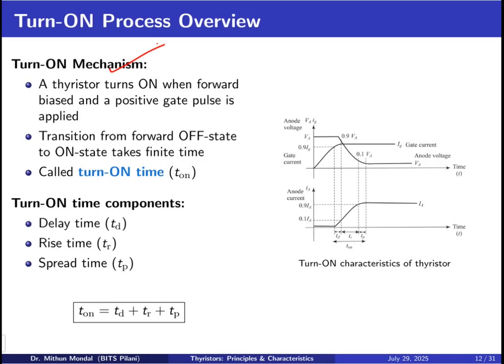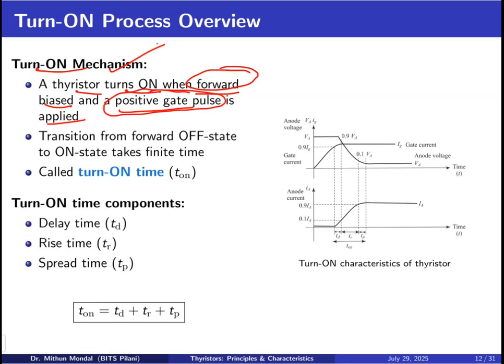So we saw that it is the gate signal that is going to turn on the thyristor. So what is basically this turn-on mechanism? A thyristor is going to be turned on only when forward biasing is present and a positive gate pulse is applied. So two important conditions need to be met. First, the forward biasing has to be there and you apply the positive gate pulse.